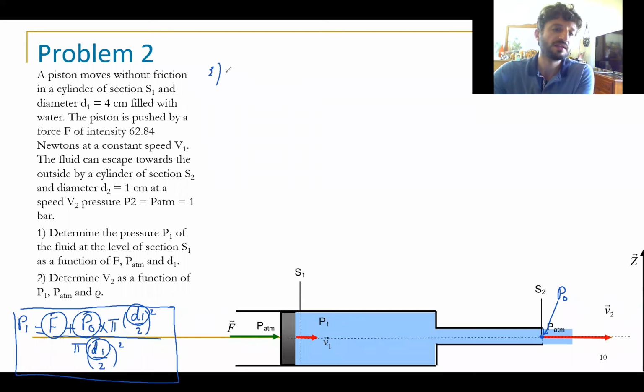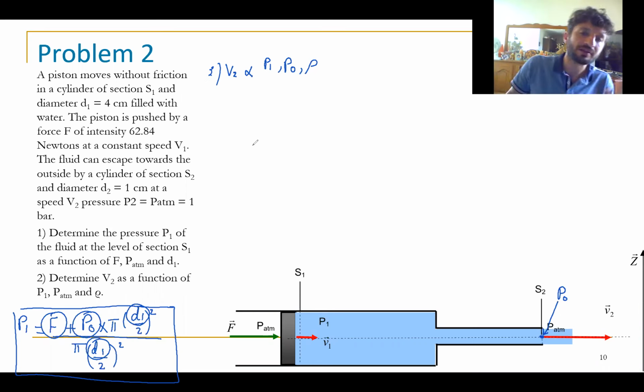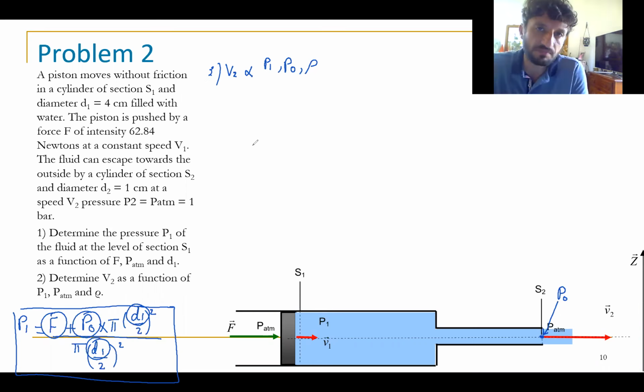Part 2. I need to calculate V2 as a function of P1, P0, and rho. As we have P1, V2, and all these parameters, we can apply the Bernoulli equation and the continuity equation. You can always use them to reduce the unknown variables.